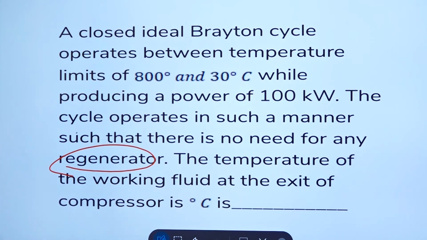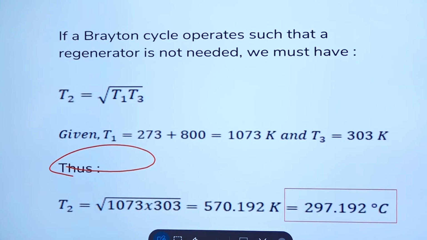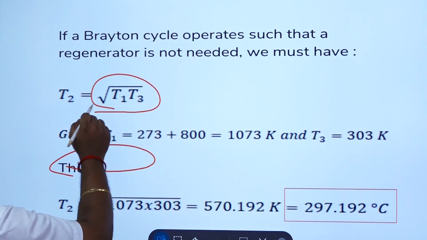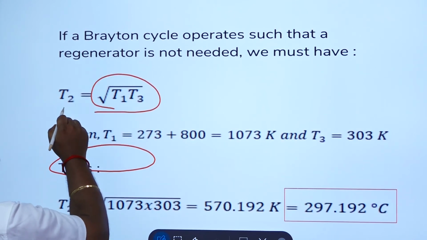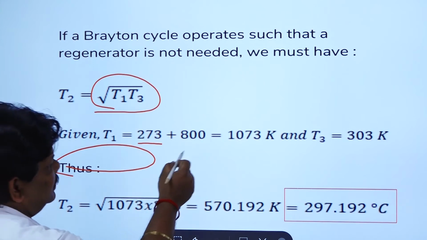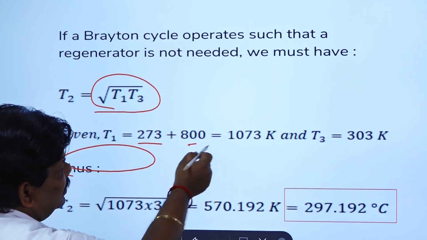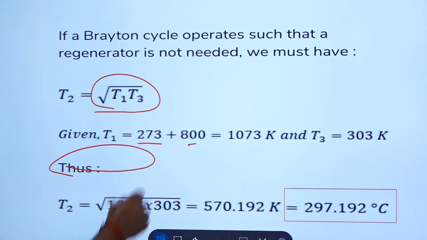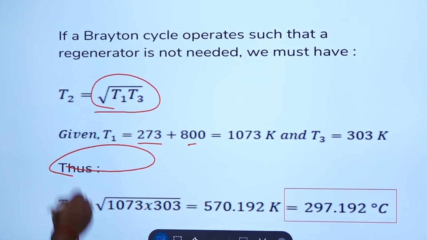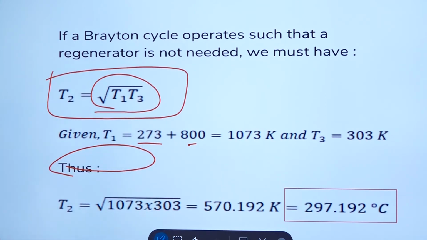What is the temperature of the working fluid at the exit of the compressor, that is T2? Since the regenerator is not required, T2 will be equal to root of T1 T3. We know the value of T1, and T3 you know, so T2 can be easily found out with this simple relation: T2 is equal to root of T1 T3.